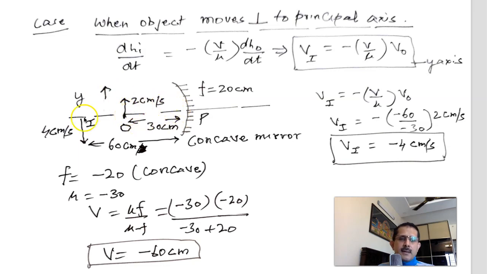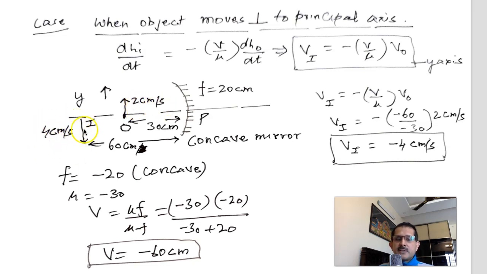So guys, my bad, I think I misconstrued this question, that the speed is in this direction. No. Let me reiterate the question again. In the question they have given you the focal length, and they have given you the speed of the movement of the object in this direction. So the speed of this moving object is 2 centimeter per second, not this.